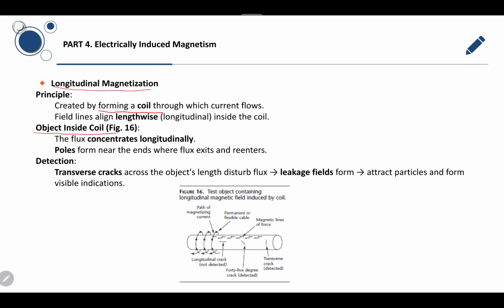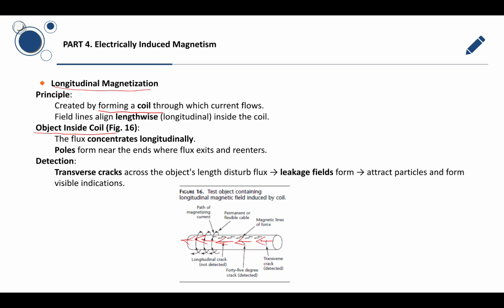Now, object inside coil. When a test object is inside this current carrying coil, the magnetic field lines align lengthwise. This is longitudinal magnetization, inside the coil and through the object.